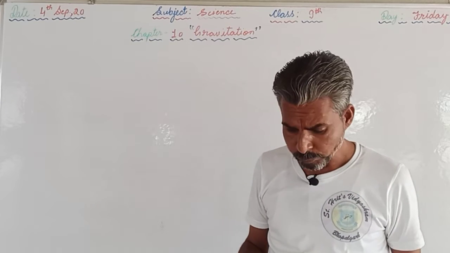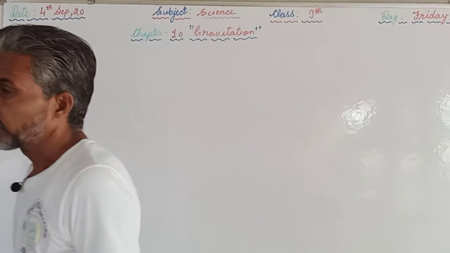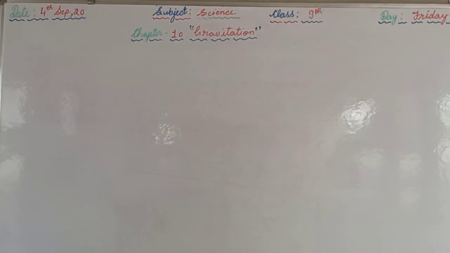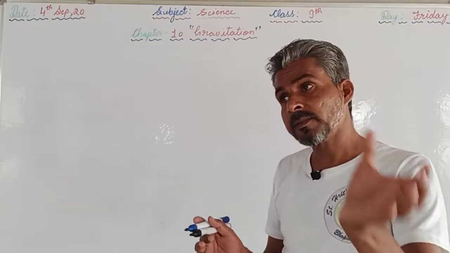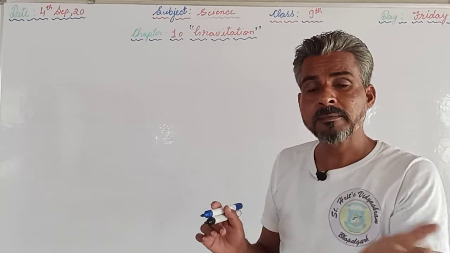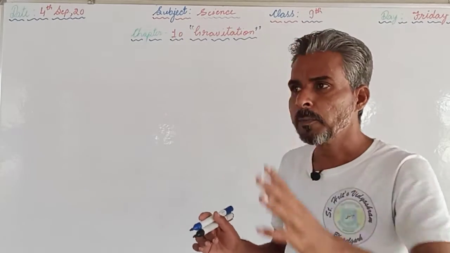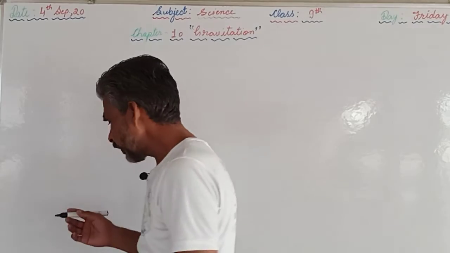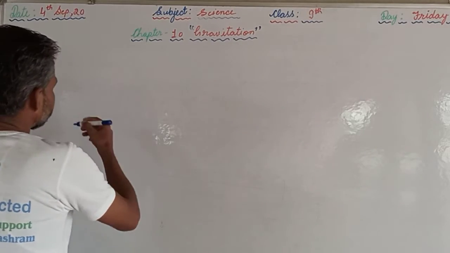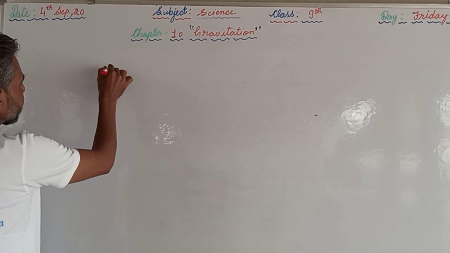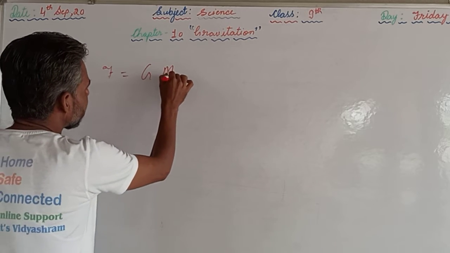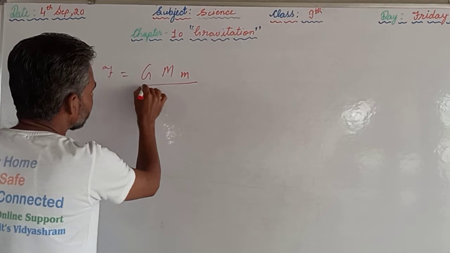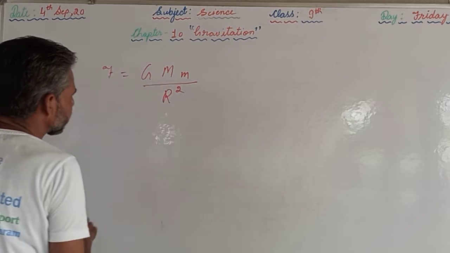At the same time we are supposed to discuss the difference in the weight when the object is on earth and when the object is on moon. We know the relation F equals G M m upon r square.